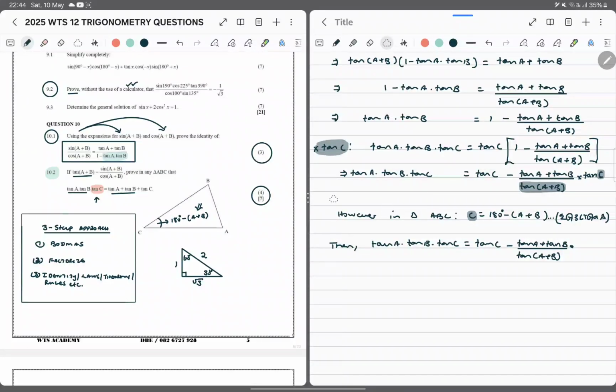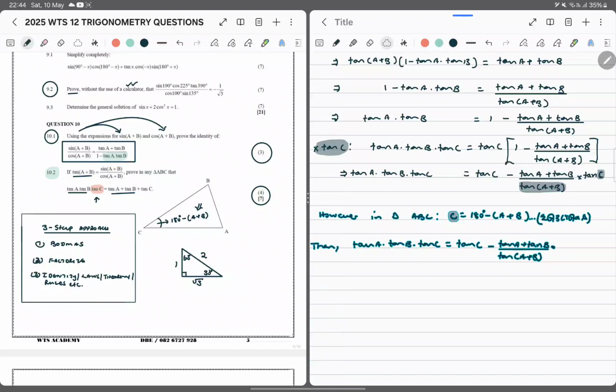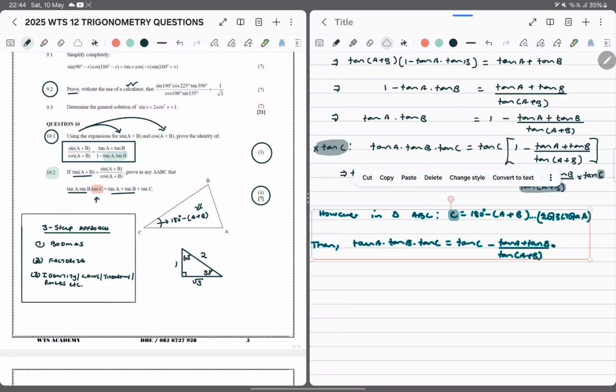As much as I hate to drift, I just have to, so that my things can flow. You see, maths must flow, guys. It's a language, this thing. It's like writing an essay. If things don't flow, you will die. Okay, 180 degrees minus A plus B.